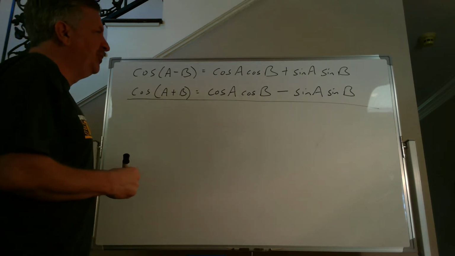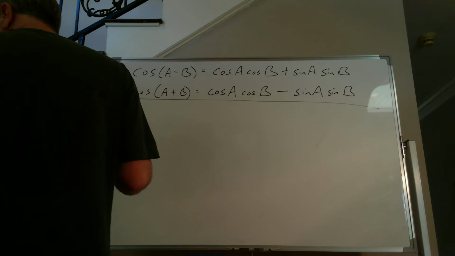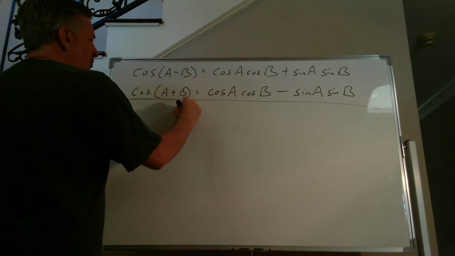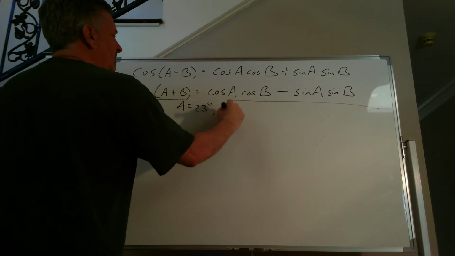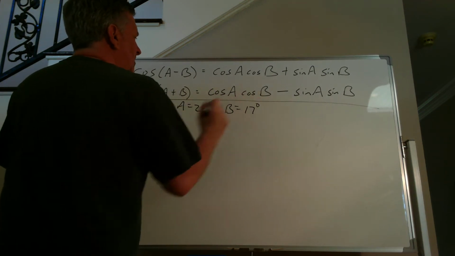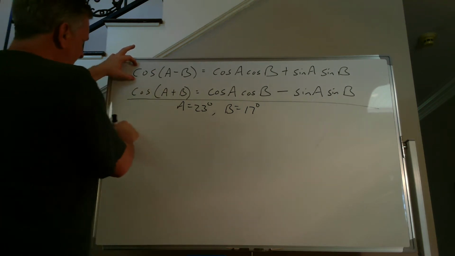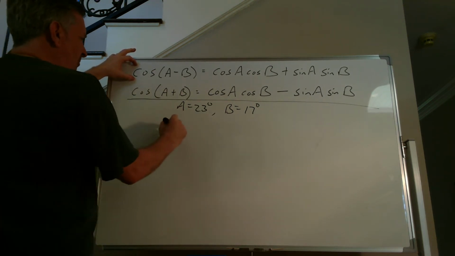Now, I'm not going to prove the formula to you, but as an example, let's verify that these identities hold for A is 23 degrees and B is 17 degrees. So let me write this one with 23 and 17. I leave a little room on the left. I'm going to work backwards in a minute.